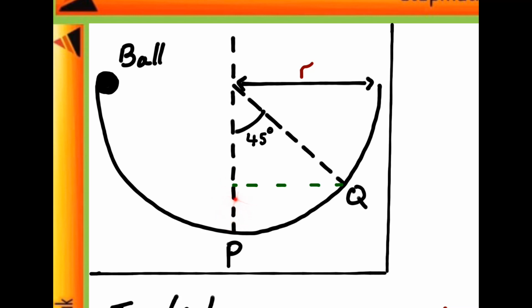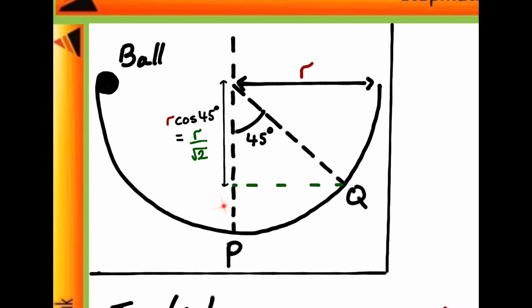So an easier distance to find is going to be this one here, since by some basic trigonometry, and knowing that the distance of this length here is going to be r, then we know that this height is going to be r cos 45, which of course just simplifies to r over root 2.